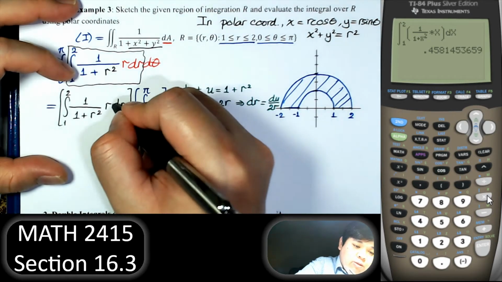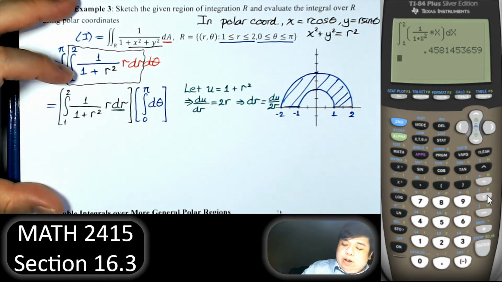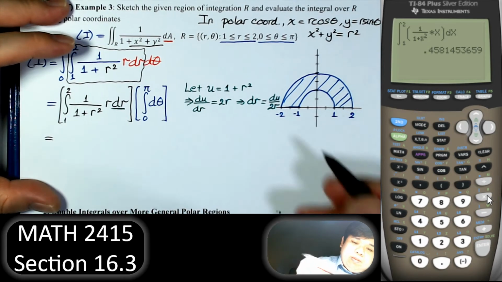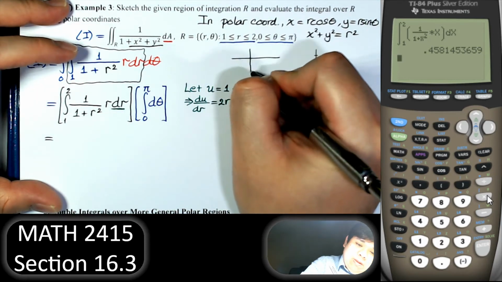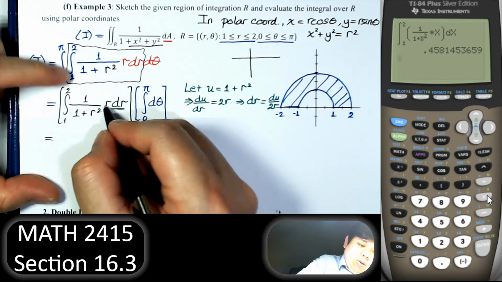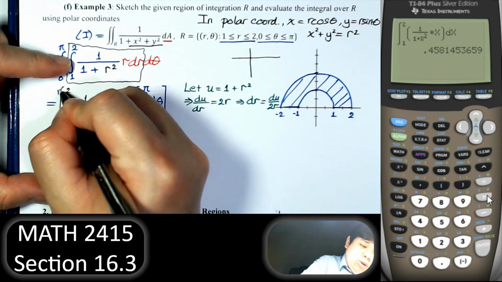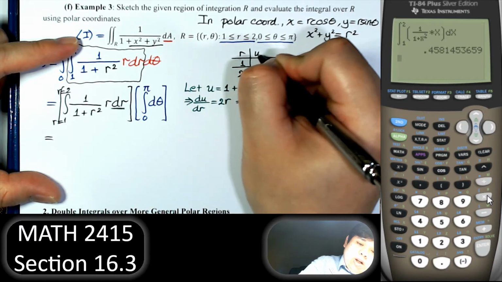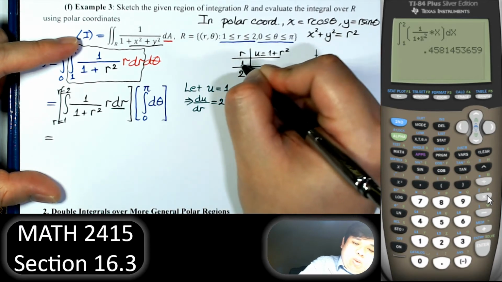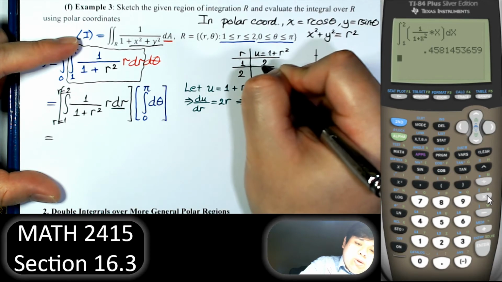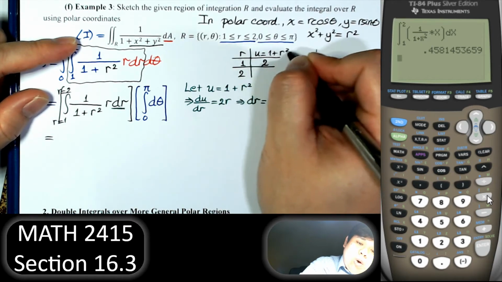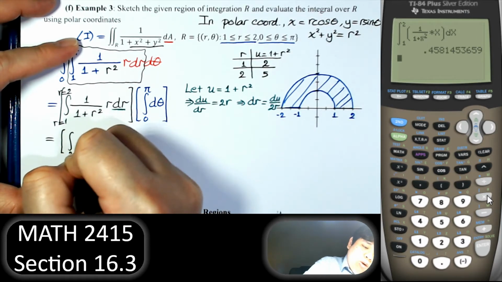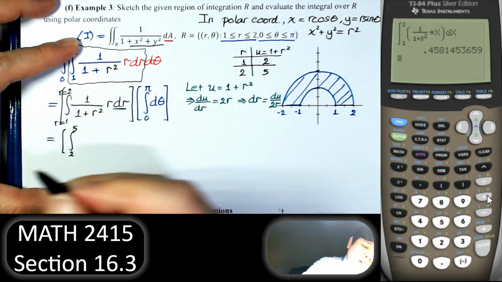Let's change the limits also. Originally r goes from 1 to 2, but u is 1 plus r square, so 1 plus 1 square is 2, and 1 plus 2 square is 5. So the integral will go from 2 to 5 in terms of u.